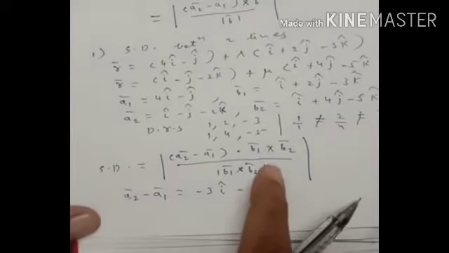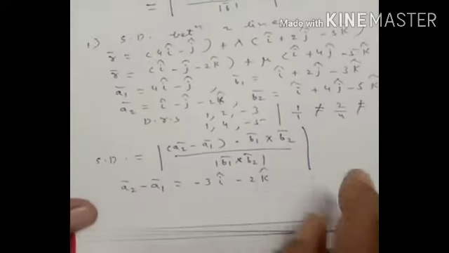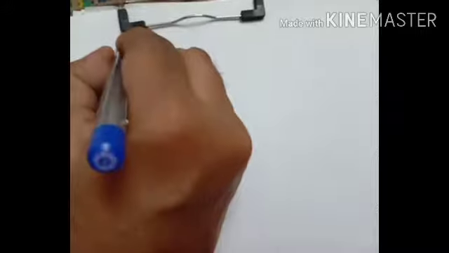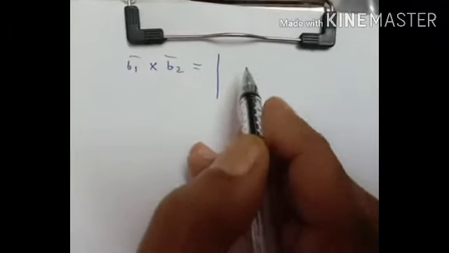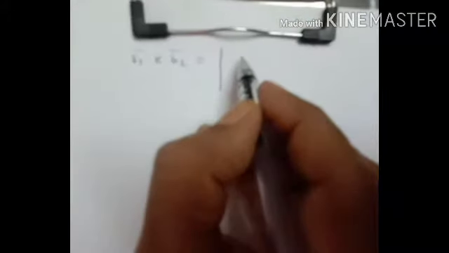Instead of that, we shall find the cross product of two vectors. As the two vectors are expressed in terms of i, j, k, we can find their cross product using a determinant.